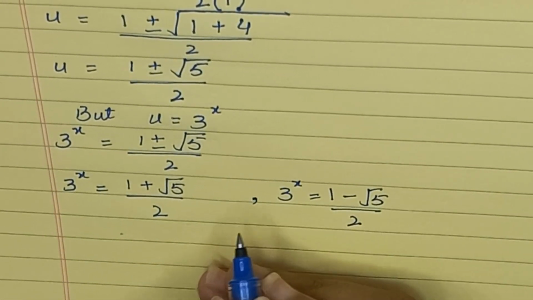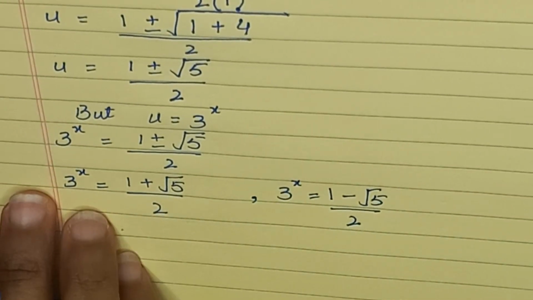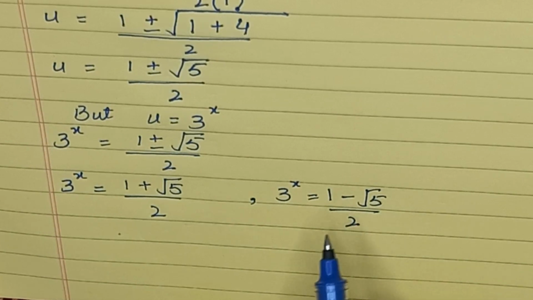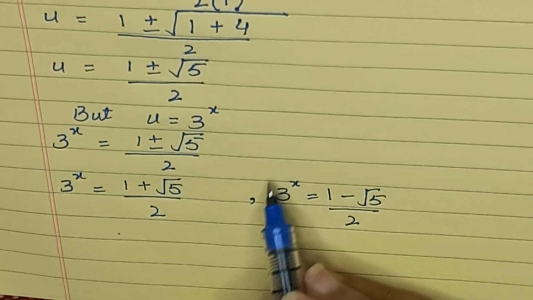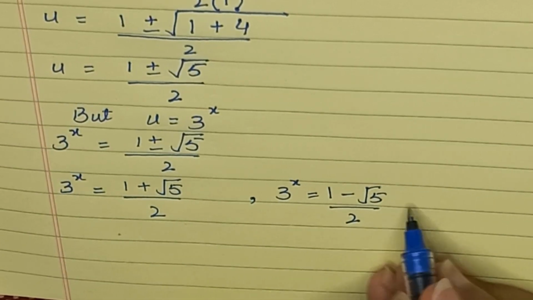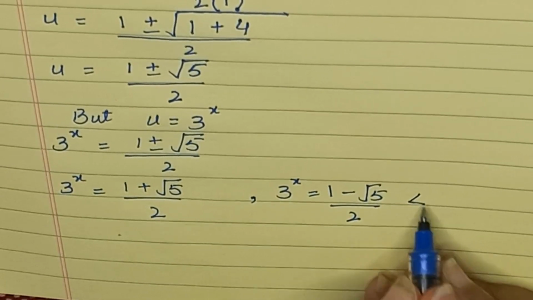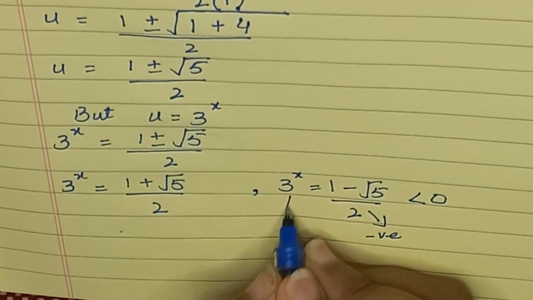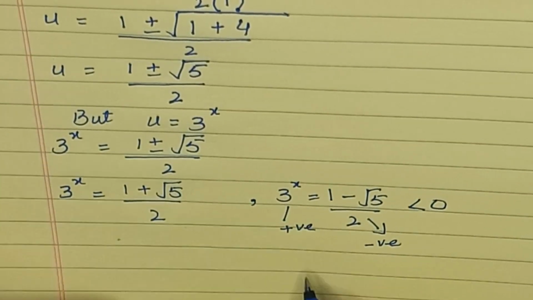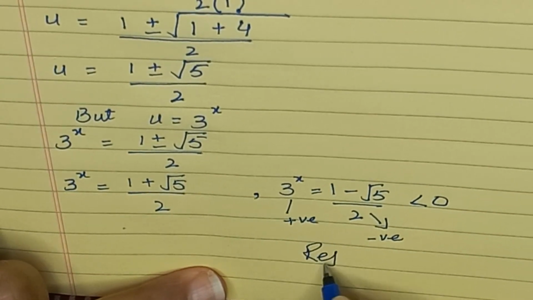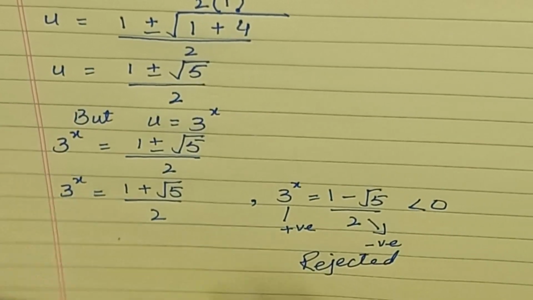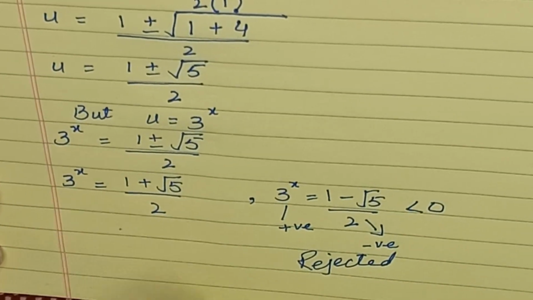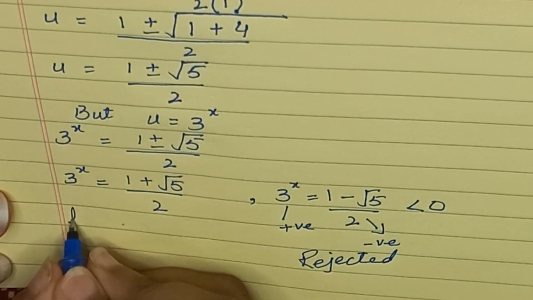Now we will take log on both sides, but before taking the log, we will examine these equations. This one is less than 0 because it is negative, and this one is positive. So this side will be rejected.